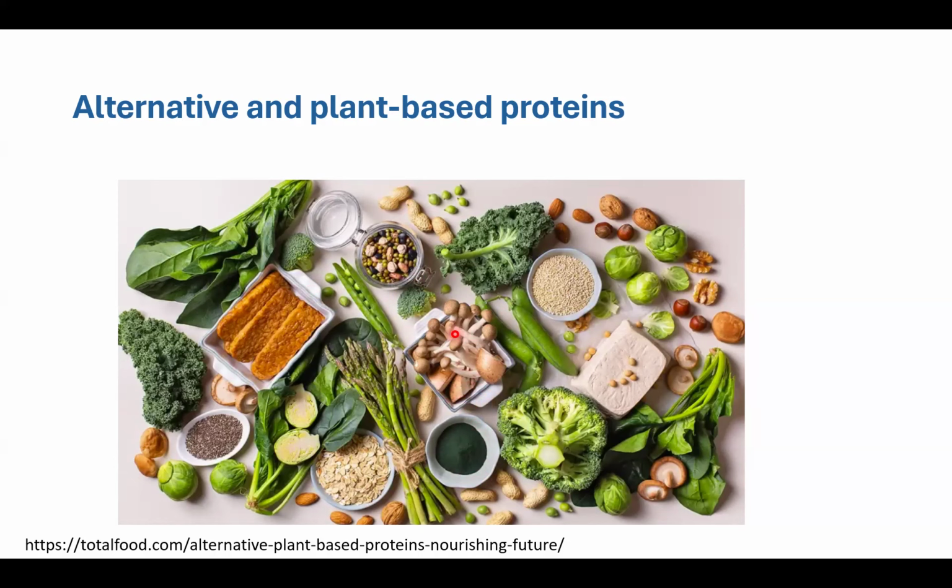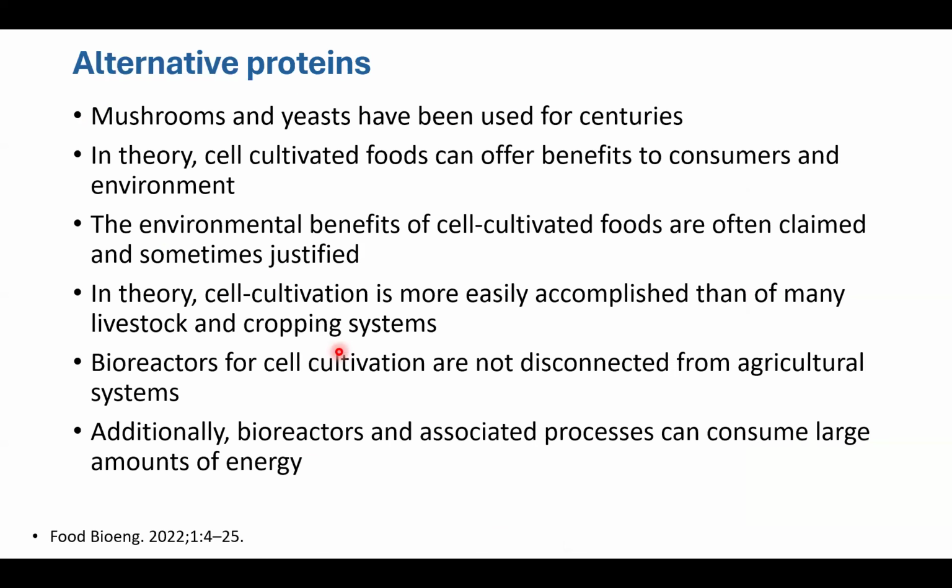In reality, yeast is part of the fungi kingdom, and what we are going to talk about today is cell cultivation. Alternative protein may also include other things like insects or whatever has high protein content.